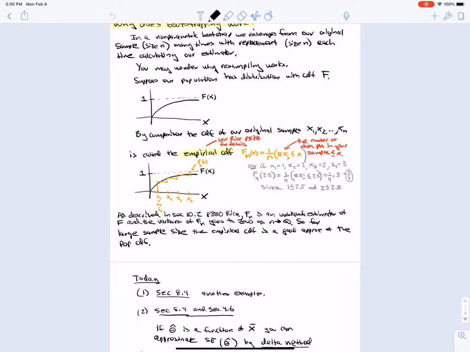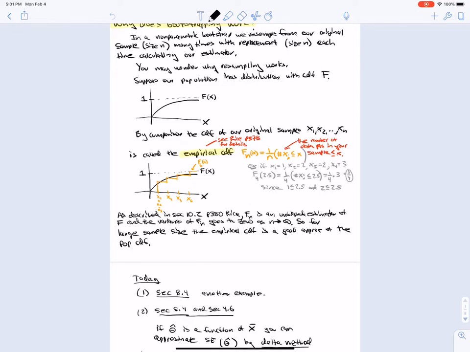So, for example, if x1 is 1, x2 and x3 are both 2, and x4 is 3, then if you have a sample size of 4, the ECDF of 2.5 would be 3/4.